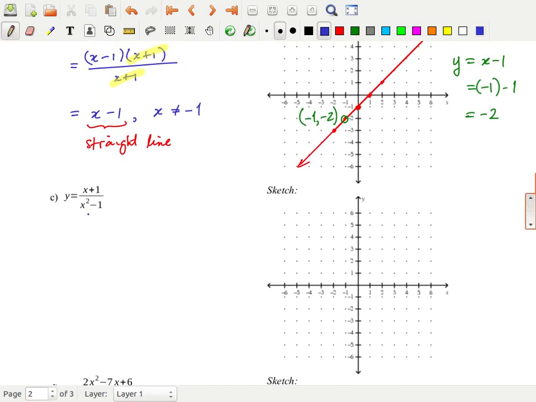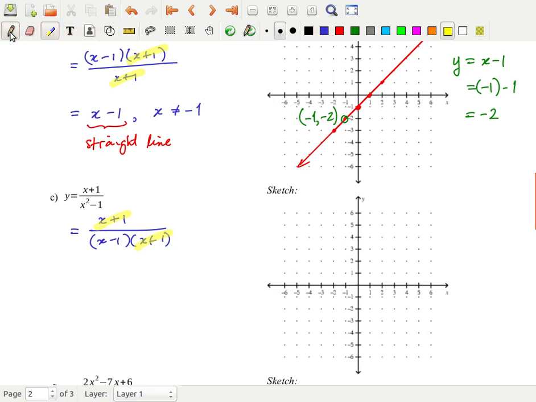For the next one, y is equal to (x plus 1) over (x squared minus 1). So basically the same factoring exercise, (x minus 1) times (x plus 1). The difference is that's now in the denominator, which means when I divide out those common factors of (x plus 1) over (x plus 1), that just is equal to 1.